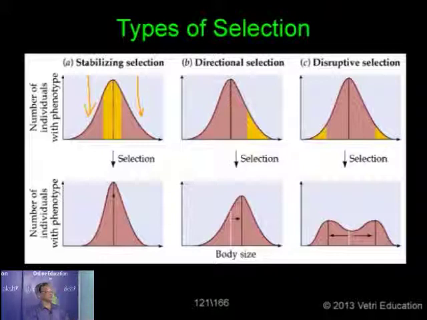But it doesn't cause much evolutionary change; it preserves those individuals in the mean value. So the mean value characters are maintained. More mean value individuals are favored.